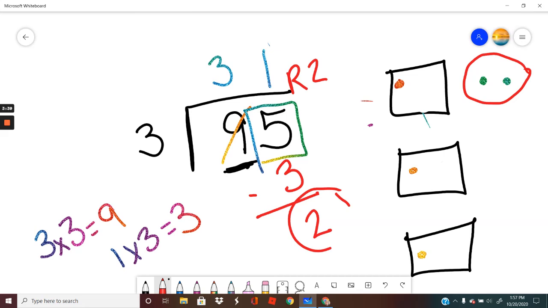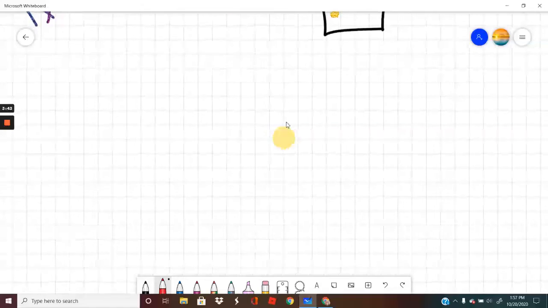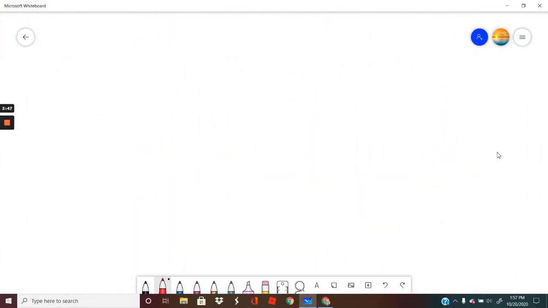All right, so what we're going to do now is a little tiny bit harder. So now we're going to divide, but this time we're going to try to put all of the steps together. So that subtracting that we were doing at the very end, we're going to try to do that in the middle too. All right?